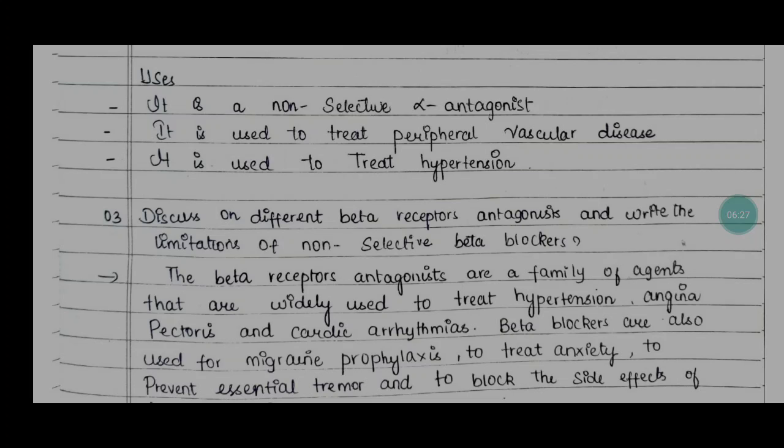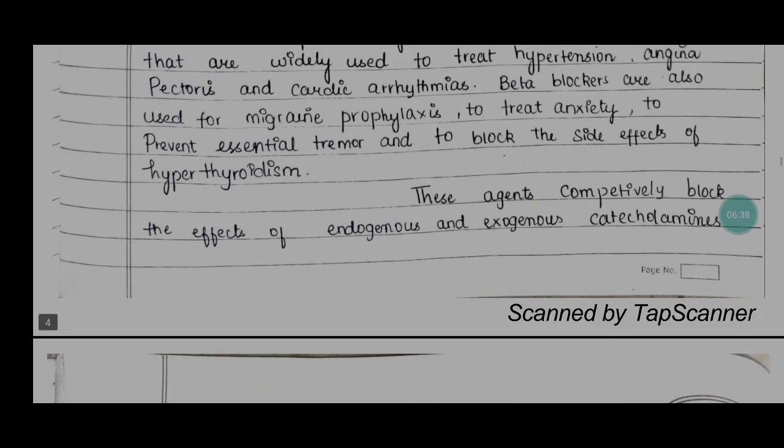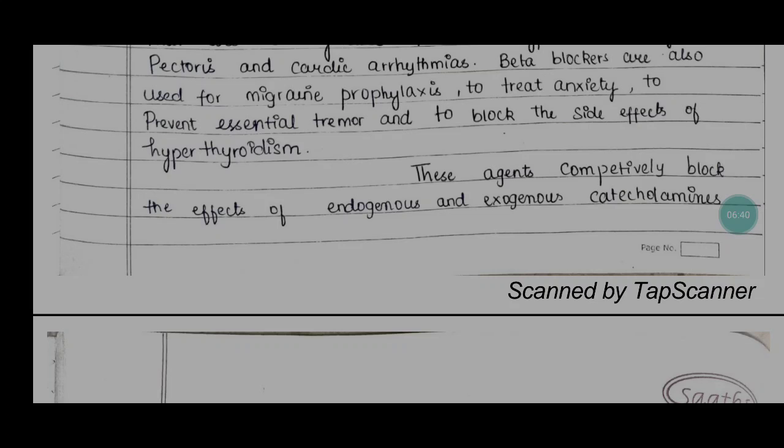The beta blockers are also used for migraine prophylaxis, to treat anxiety, to prevent essential tremor, and to block the side effects of hyperthyroidism.